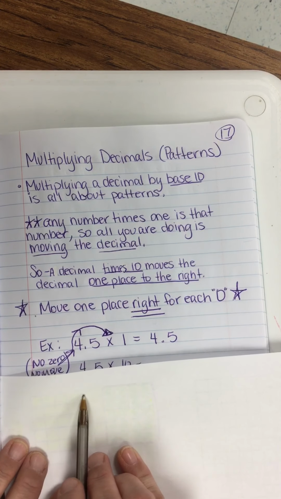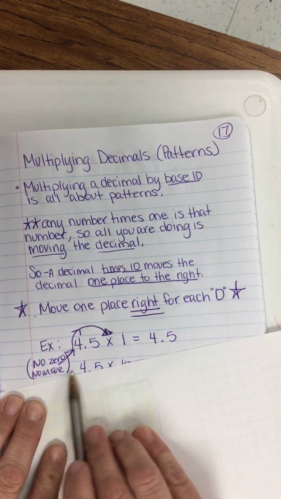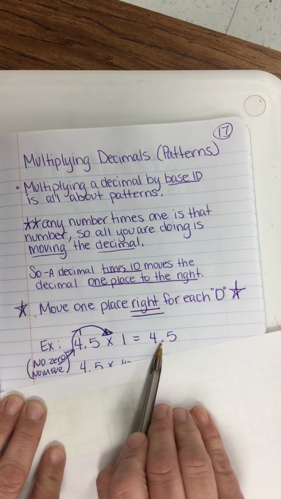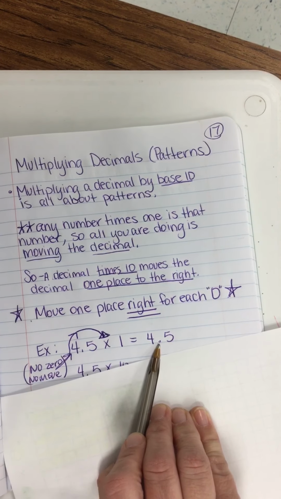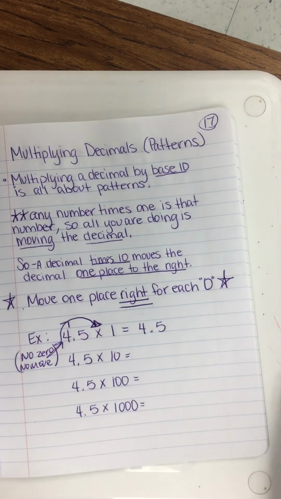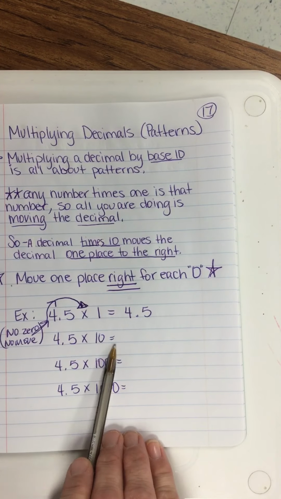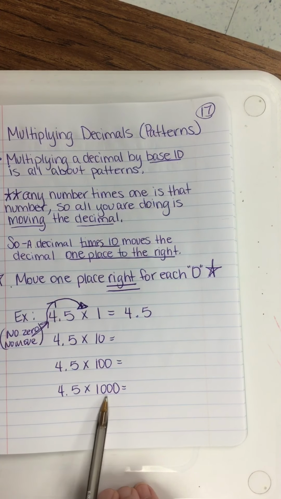First, we have 4 5/10 times 1. No 0, so no move. 1 has no 0 behind it, so it does not move. It stays 4 5/10. Now, let's look at 4 5/10 times 10, 4 5/10 times 100, and 4 5/10 times 1,000.